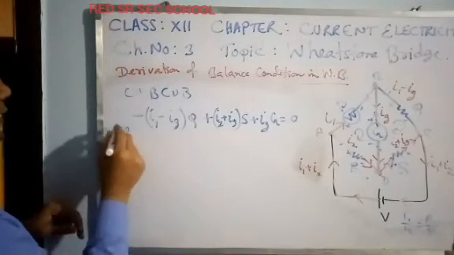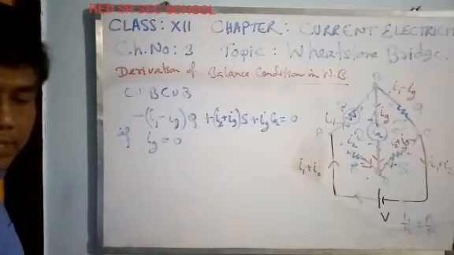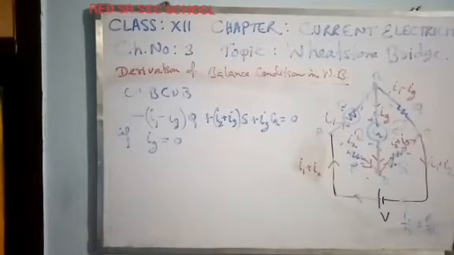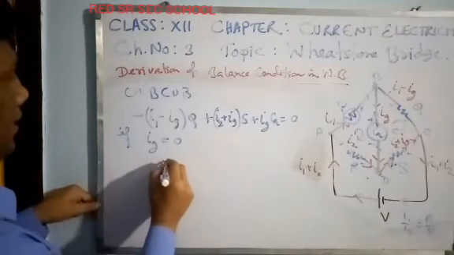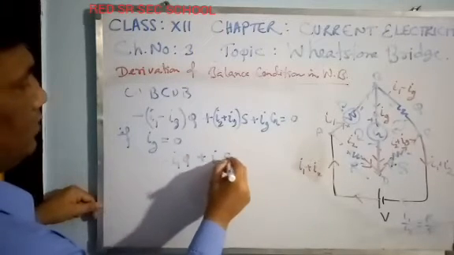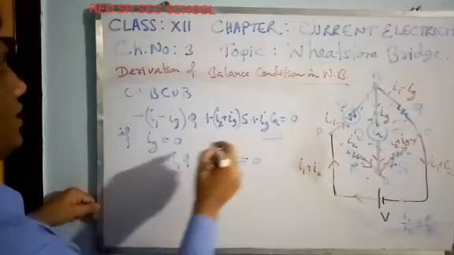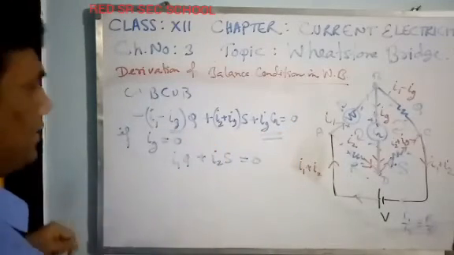If the galvanometer shows no deflection, it means Ig is 0. Then you can rewrite the equation as minus I1Q plus I2S equal to 0. I have put the value of Ig as 0, so that term vanishes.